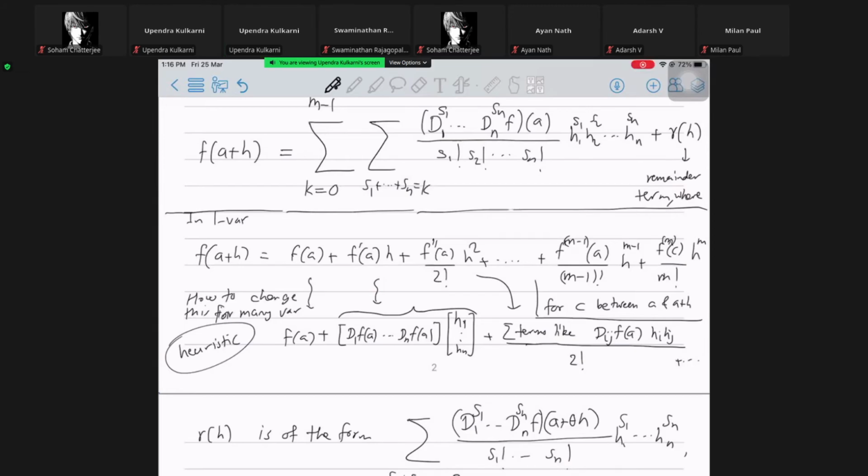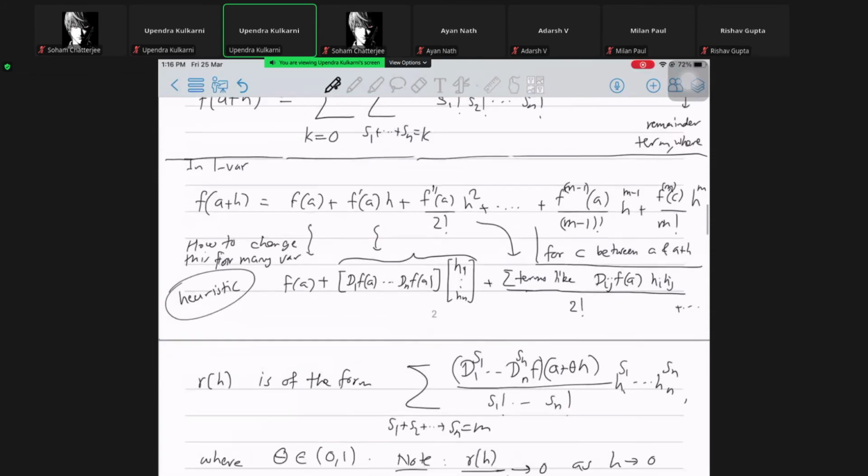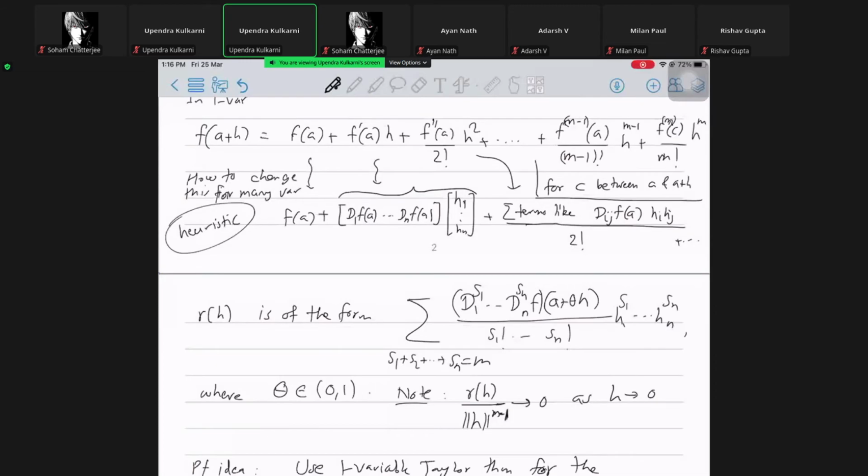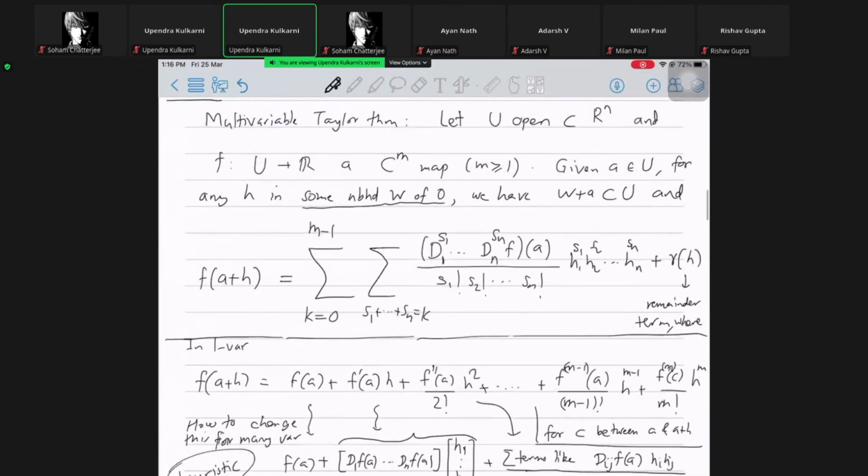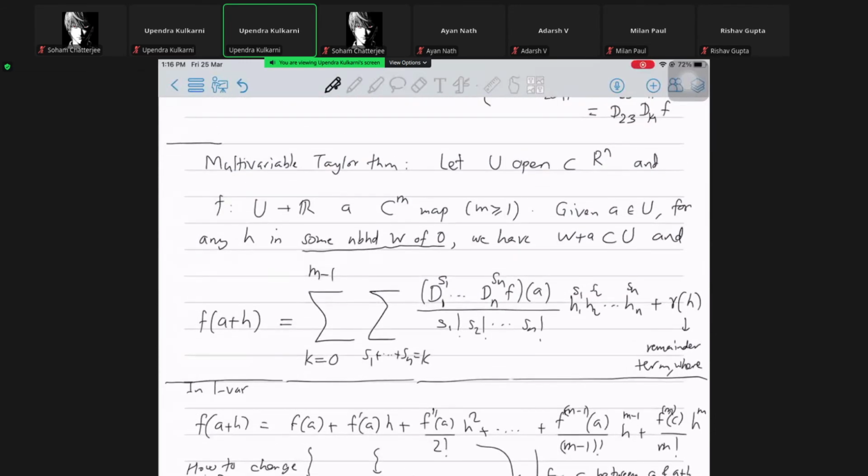Like, how does that translate into the multivariable case? Okay, so now let's look at this. You see, this function, in the multivariable situation, is still a polynomial function of h as a vector.